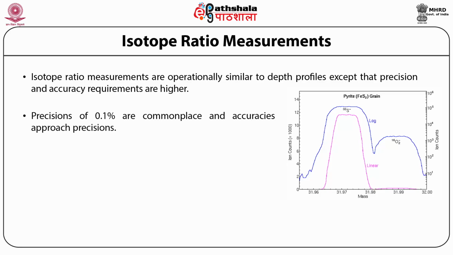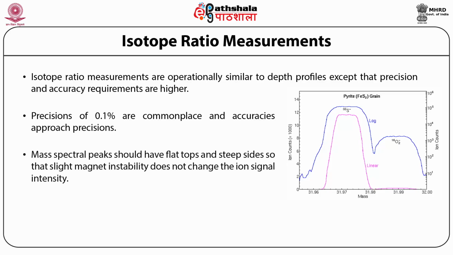Precisions of 0.1 are commonplace and accuracies approach precisions. Error analysis indicates that the precision is limited mainly by Poisson counting statistics. To attain these accuracies, the SIMS instrument must be carefully tuned and interferences must be eliminated.